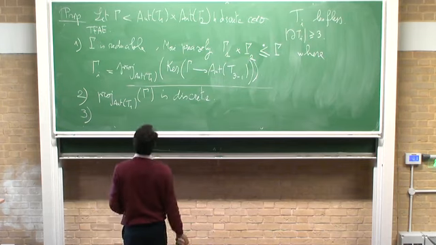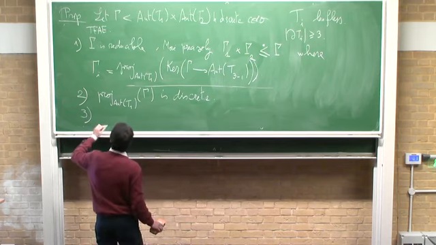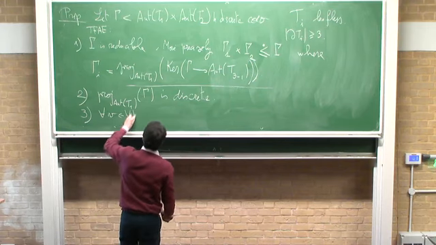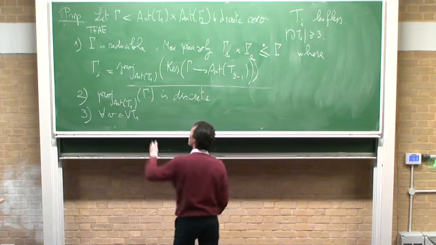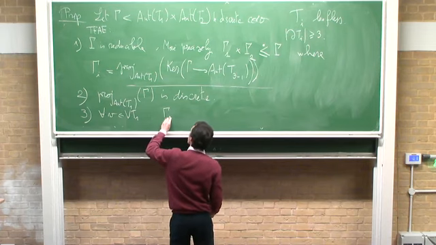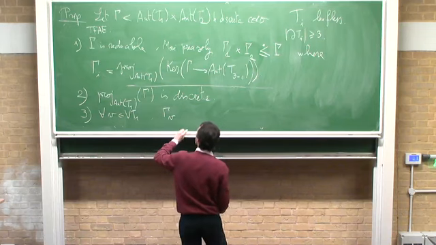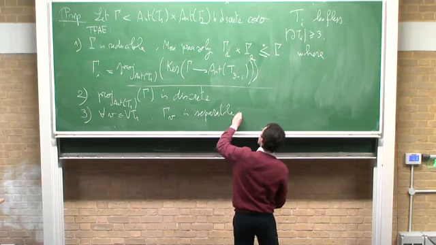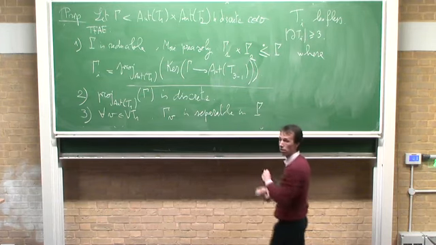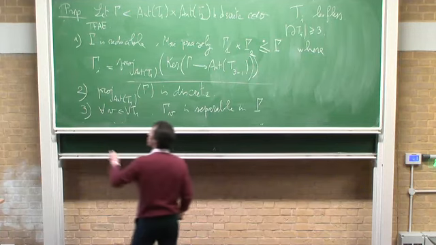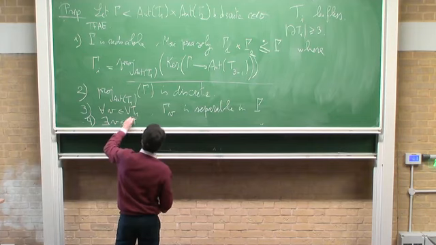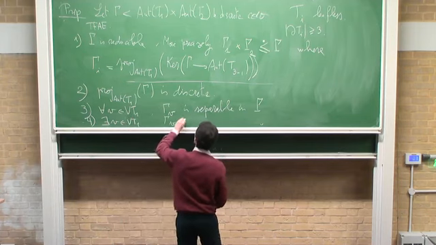Third assertion is that for all vertices in the first tree, the stabilizer of that vertex is separable in gamma. And fourth, there exists a vertex such that gamma v is separable.